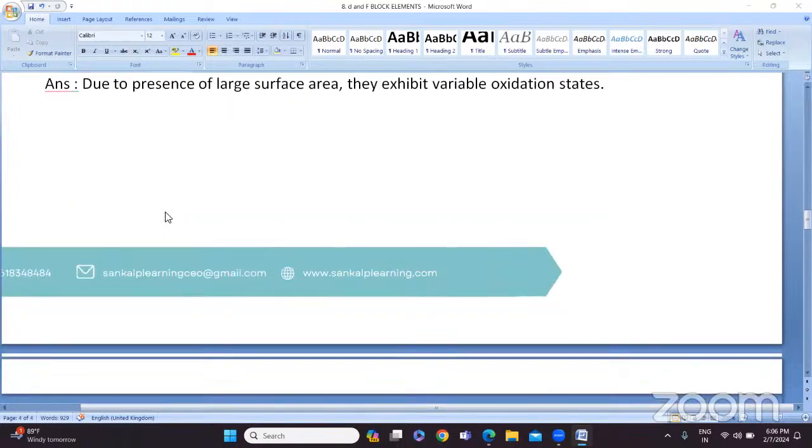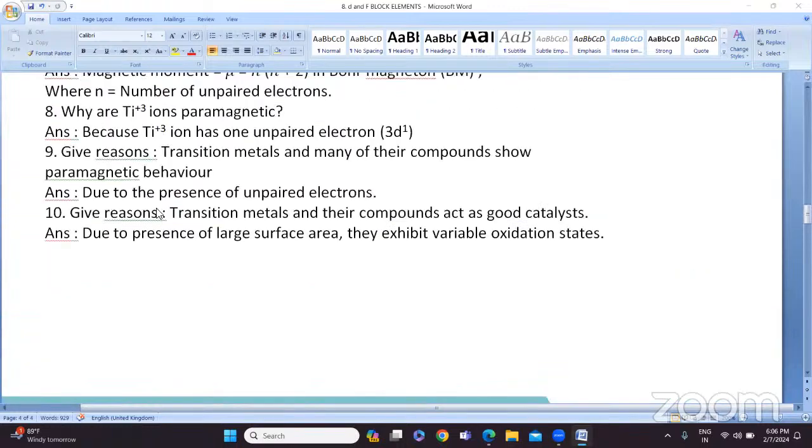Now we are going to start with the give reasons, which are very important. They can be asked for 2 marks. Some of the give reasons we have seen already: transition metals generally form colored compounds, what is the reason? Then transition elements show variable oxidation state.